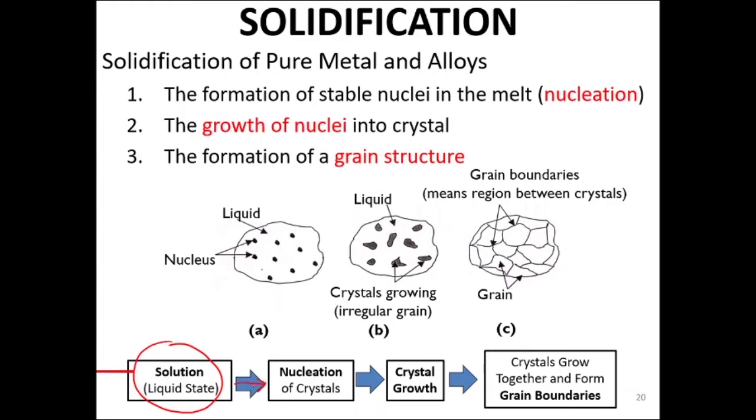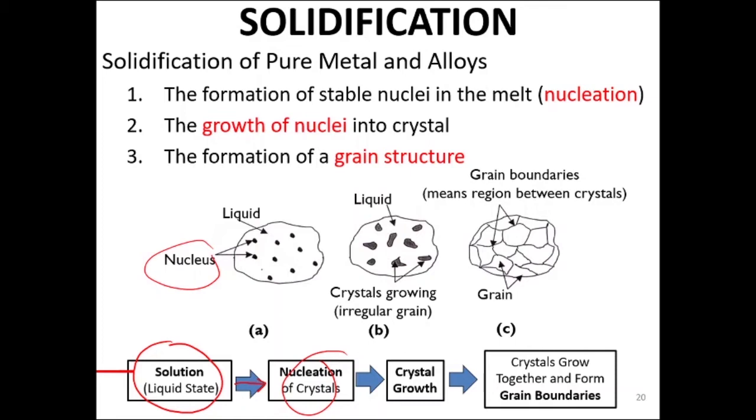Then this is the cooling down process. When the temperature is dropping, nuclei will start to form in the liquid metal. This stage we call the nucleation of crystal stage. This is where the solidification starts to happen.